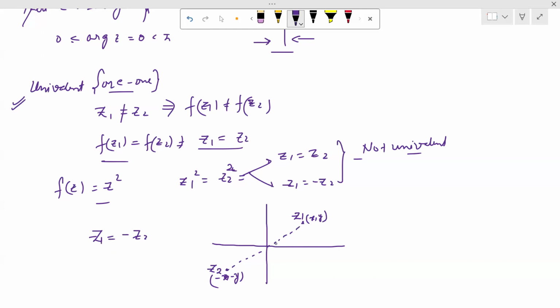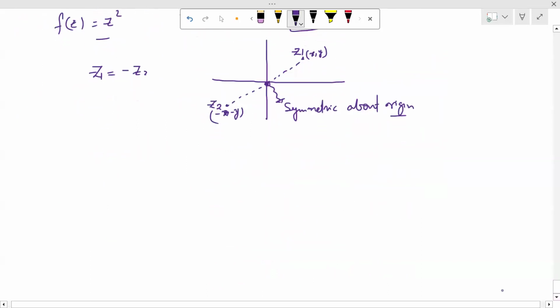So Z1 and Z2 are symmetric about the origin, that is, they lie at the same distance from the origin.